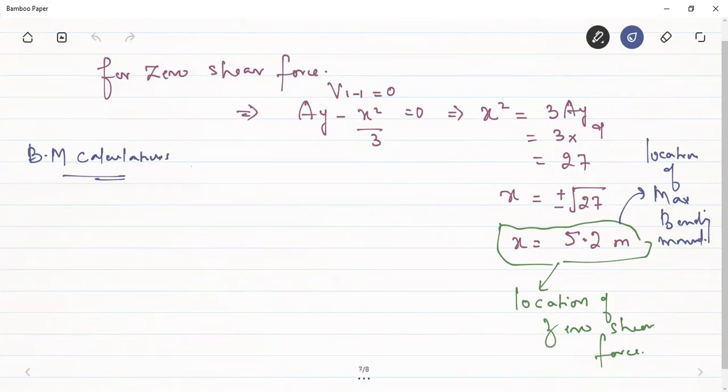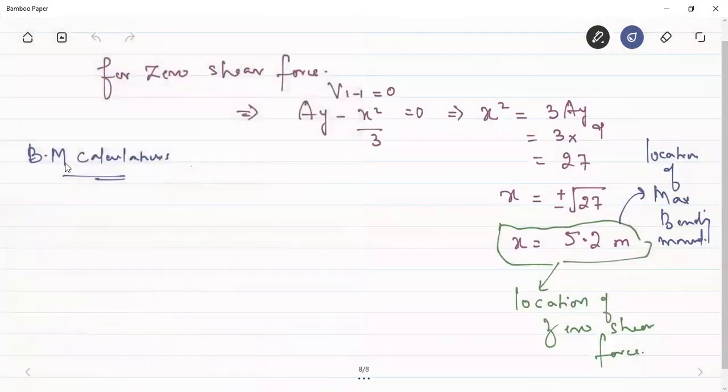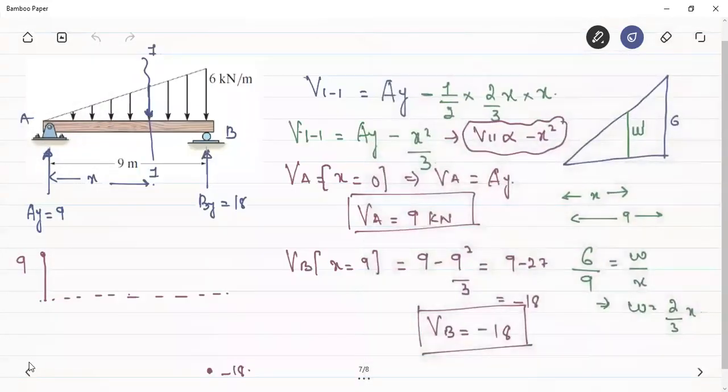For bending moment calculations at section 1-1, the bending moment at any section is equal to the summation of all the moments created by the transverse loads, either from the left hand side or from the right hand side. If we consider the left hand side of the section, the bending moment due to this Ay will be in the clockwise direction about section 1-1.